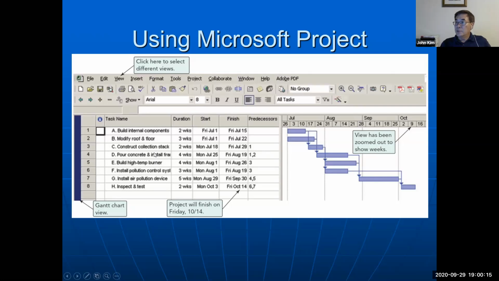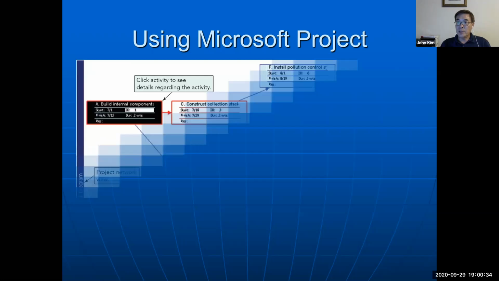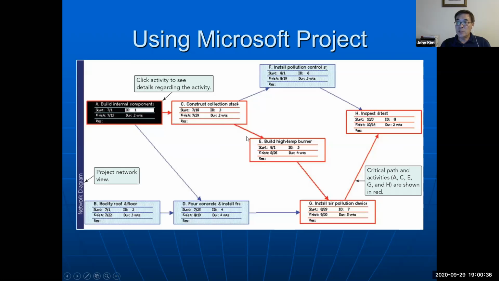So given the activity information, this program automatically draws a Gantt chart, and also automatically draws a network diagram, and this shows which path is critical.